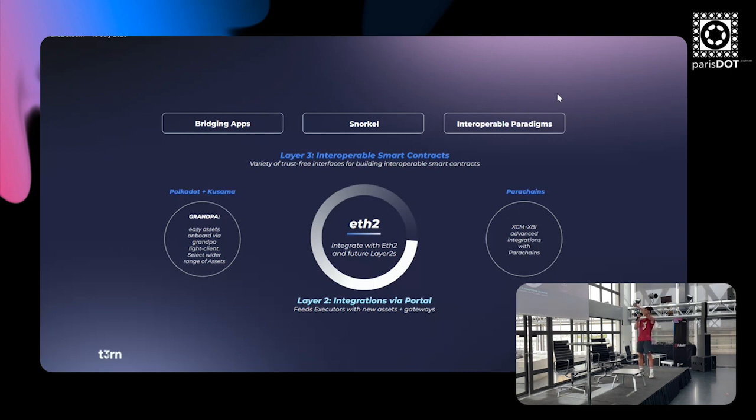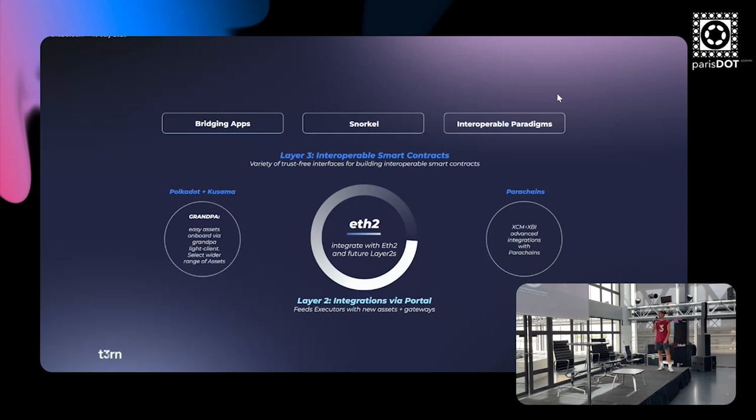And today's talk, the price feed demo, is going to be layer 3, which fits into the use of interoperable smart contracts. But to make this all work seamlessly, if you want to have it done in a transparent, trustless way, you would need to see some layers below it.